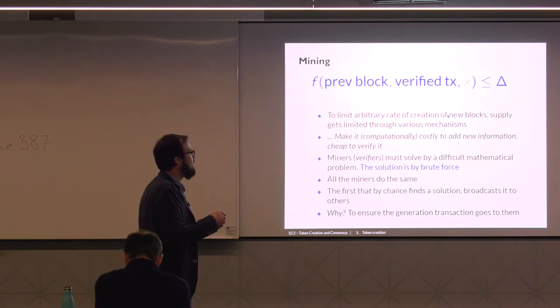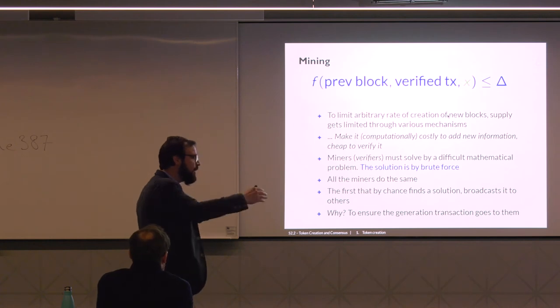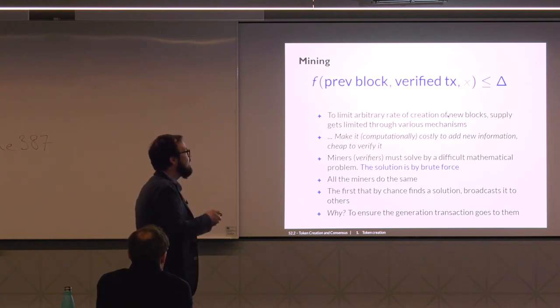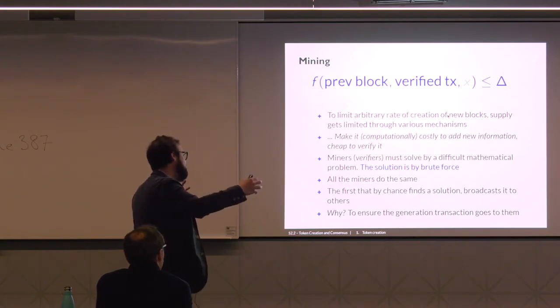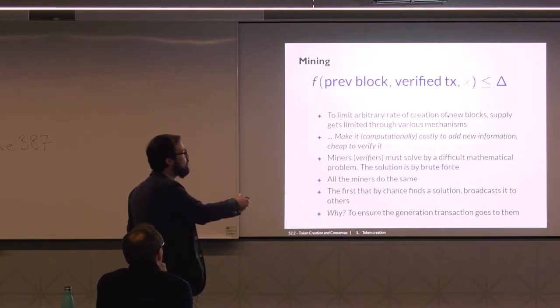You're right, but remember, this is just a threshold. It's just an integer number. The only important thing about this threshold is that it says I want the result of this function to be smaller than this threshold.